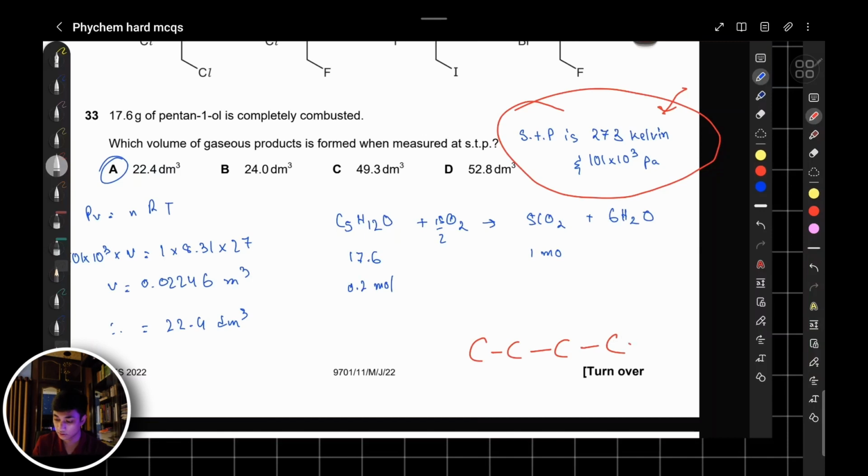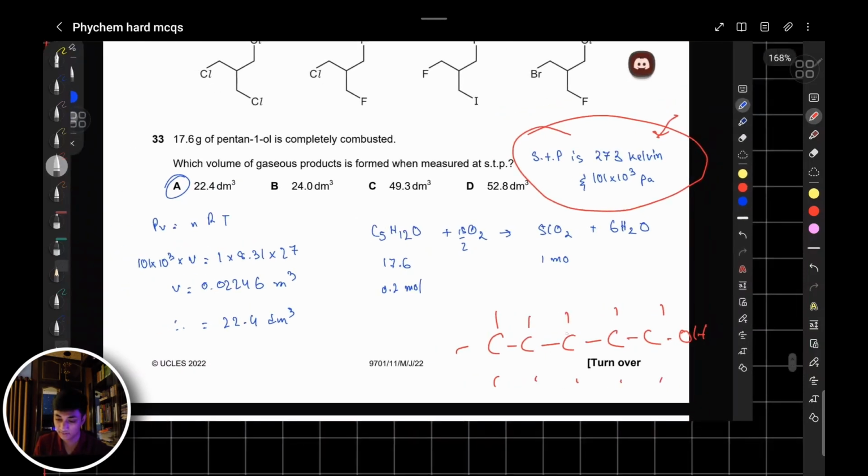This is pentan-1-ol. So if you have 17.6 grams of it, you basically find out the moles. 17.6 divided by 12 times 5 plus 12 plus 16, you get 0.2 moles.